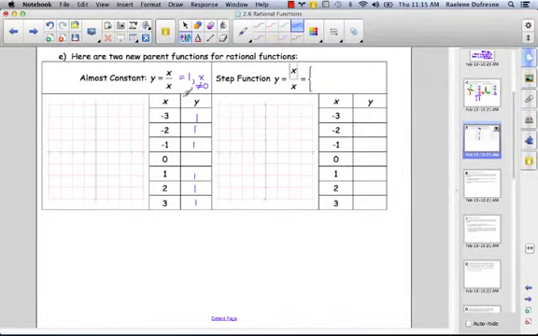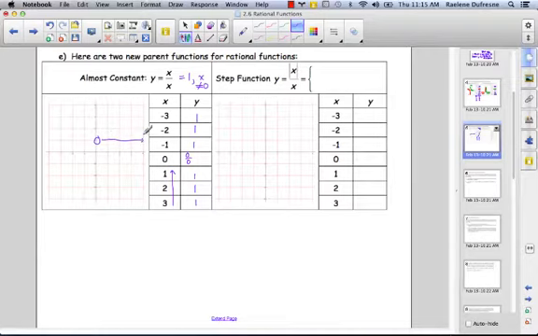And when x is 0, y is 0 over 0, which is indeterminate. In this case, as x approaches 0 from the left, y approaches 1. Meanwhile, as x approaches 0 from the right, y approaches a height of 1. We can see that the left-hand limit is 1, the right-hand limit is 1, and so we have a hole in the graph as opposed to a jump discontinuity.